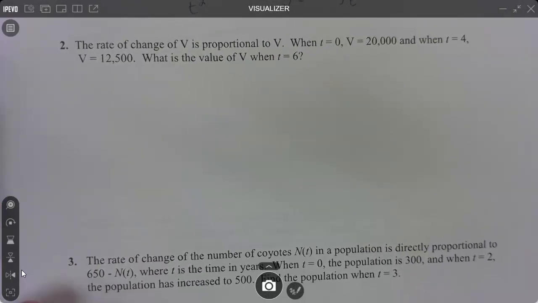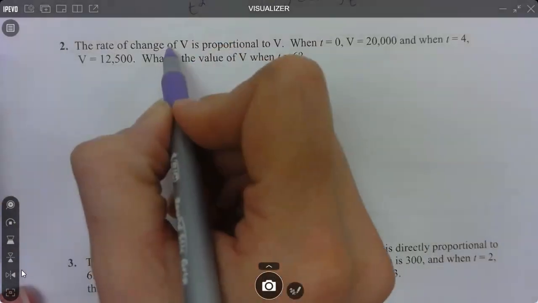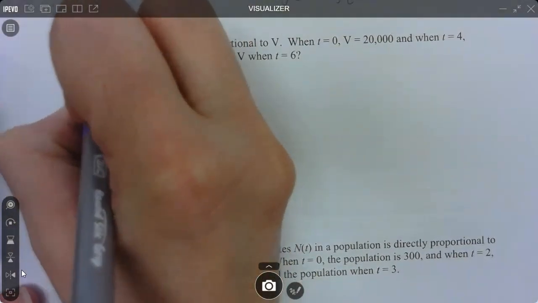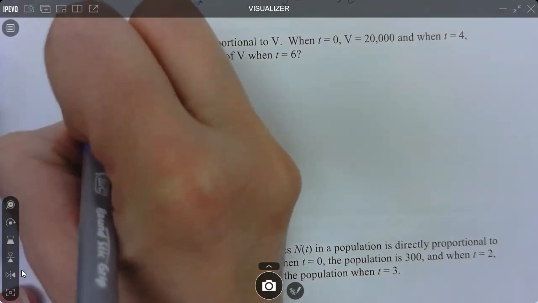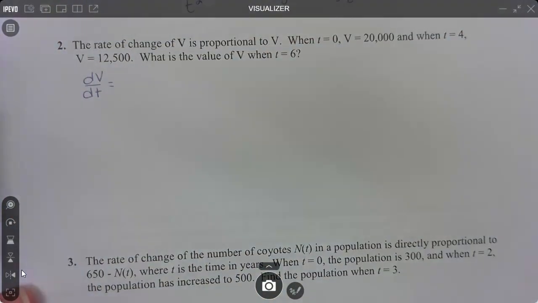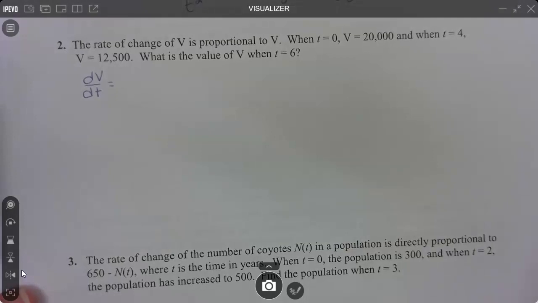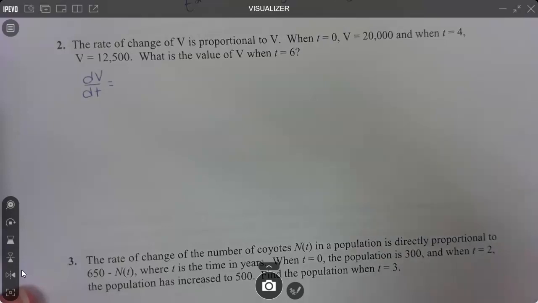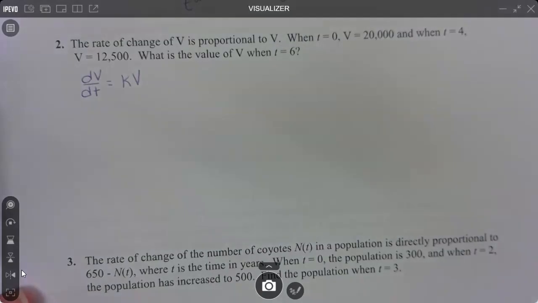The rate of change of V, so dV/dt, equals proportional to V, so not inversely, therefore no division, just kV.